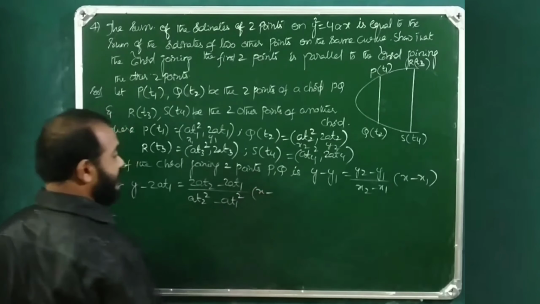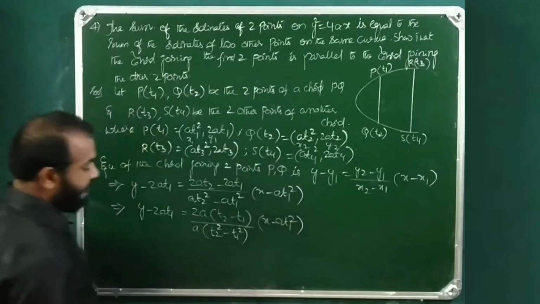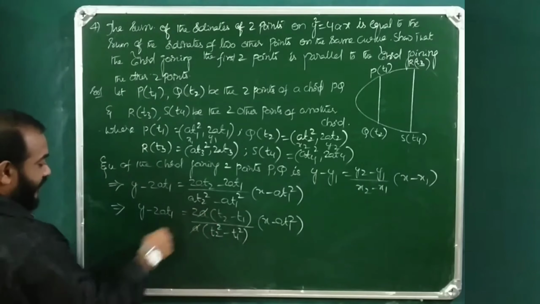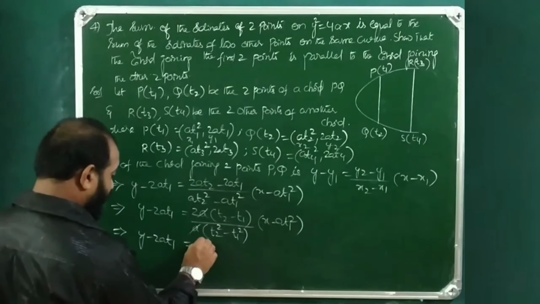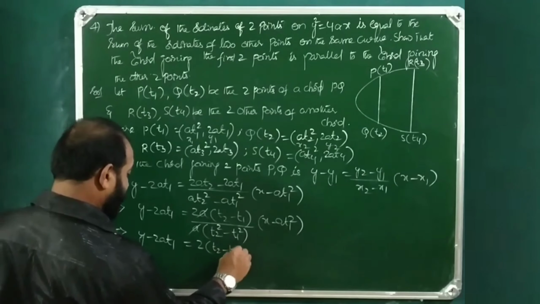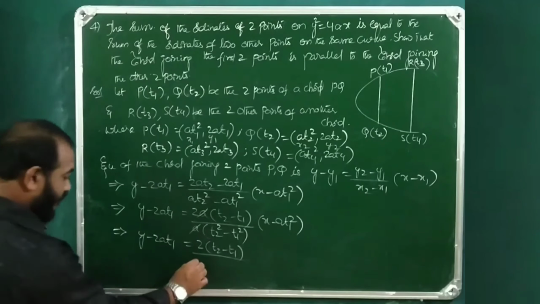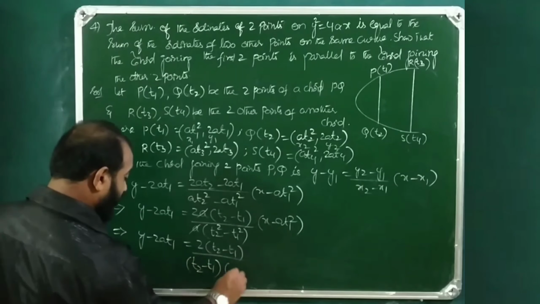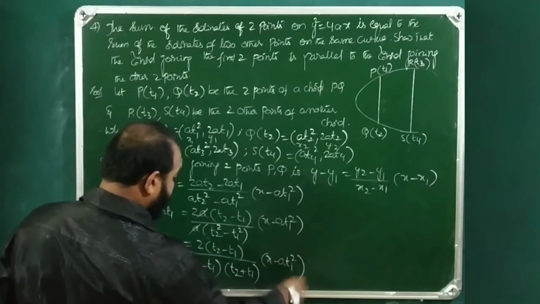This is equals to y minus 2a t1 is equals to 2a into t2 minus t1 by a into t2 square minus t1 square into x minus a t1 square. So a gets cancelled. So y minus 2a t1 is equals to 2 into t2 minus t1 by, this is a square minus b square, a plus b into a minus b, so this is t2 minus t1 into t2 plus t1, into x minus a t1 square.